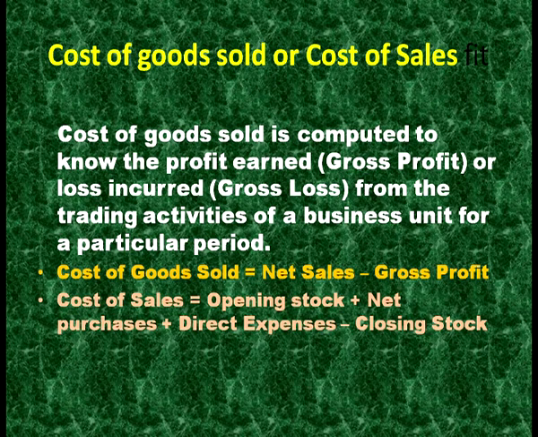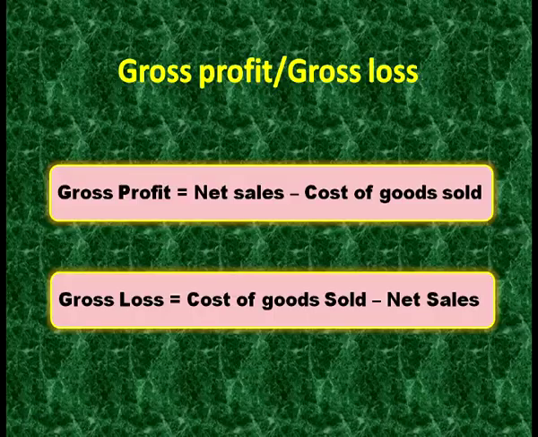The other formula is cost of sales is equal to opening stock plus net purchases plus direct expenses minus closing stock. Gross profit is equal to net sales minus cost of goods sold. Gross loss is equal to cost of goods sold minus net sales.